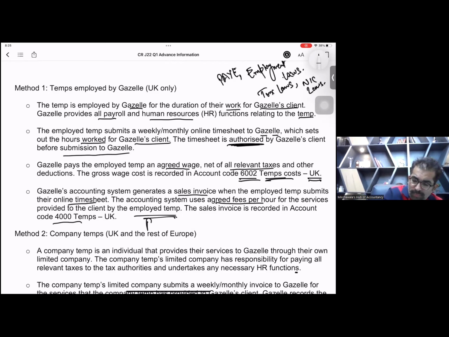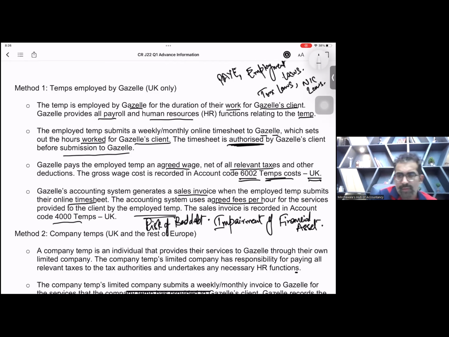And you know what the risk of bad debt is linked to? Bad debt is linked to receivables, and receivables are linked to IFRS 9. Receivable is a financial asset. So you may get impairment of financial asset in the exam.